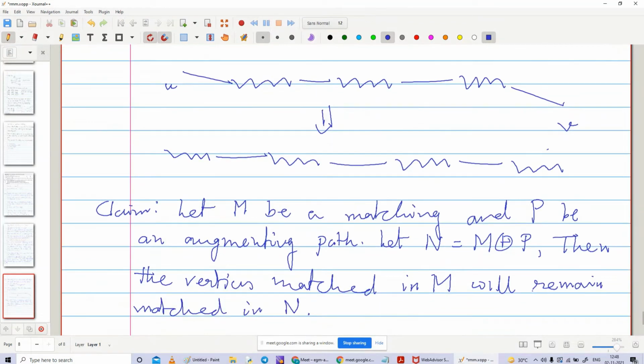The proof of this claim is very easy, I think it should be obvious. Is the claim clear?